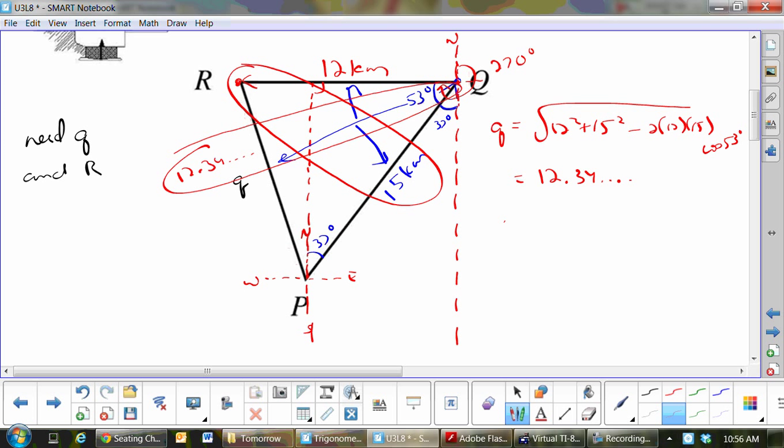So that would be sine R over 15 equals sine 53 over that 12.34 dot dot dot. Now remember, you're going to use second sine and do all that. Just for the sake of speed, we get an angle of 76 degrees.